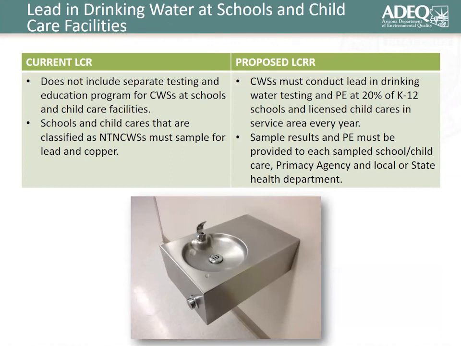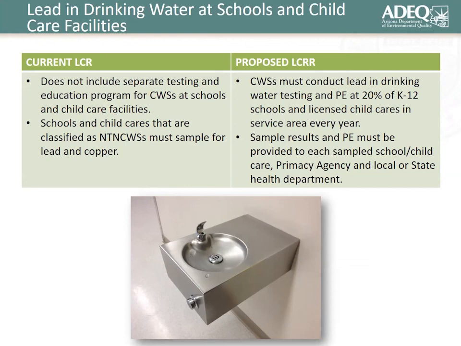Last but not least, lead in drinking water at schools has become a very big topic over the last several years, particularly after Flint, Michigan's lead and copper issues, among other water quality issues. Right now, the Lead and Copper Rule does not require any testing at schools unless the school itself is considered a drinking water system and therefore has to adhere to all of the Safe Drinking Water Act.